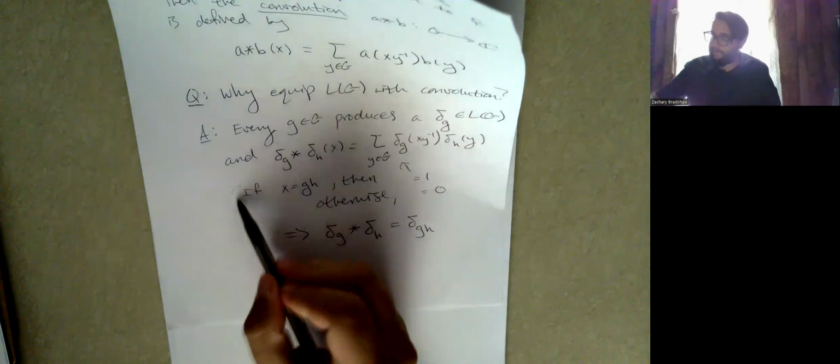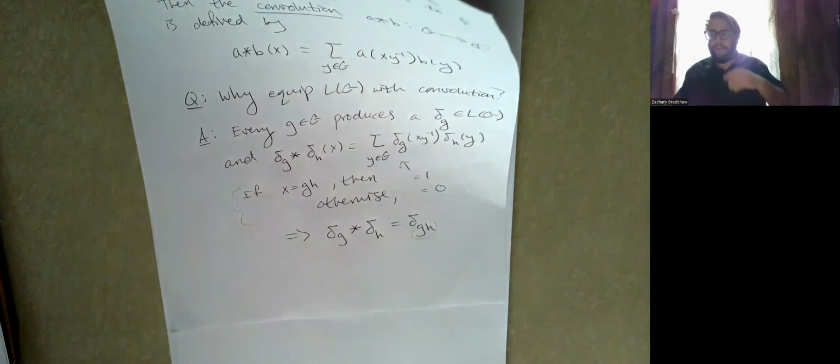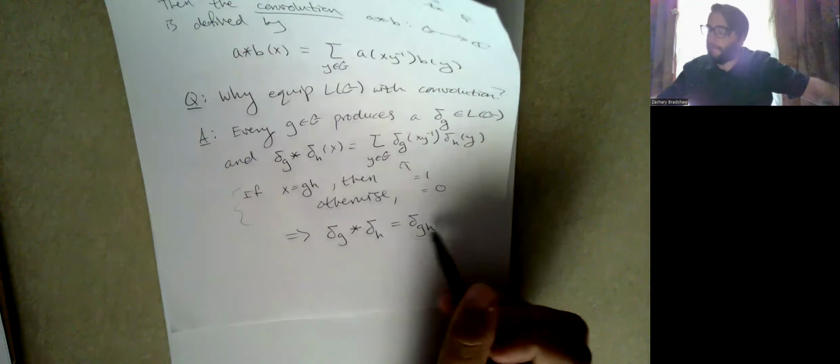So this is another Kronecker function with the argument gh. So it seems like this is a pretty natural product to put on the space, given this condition here.